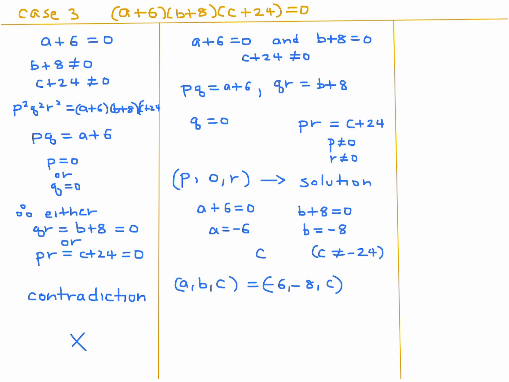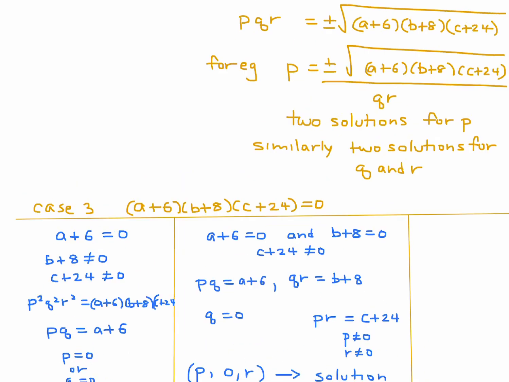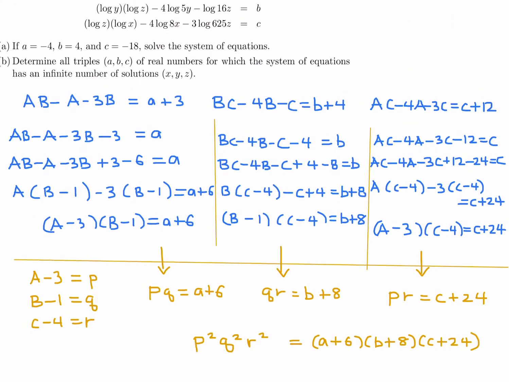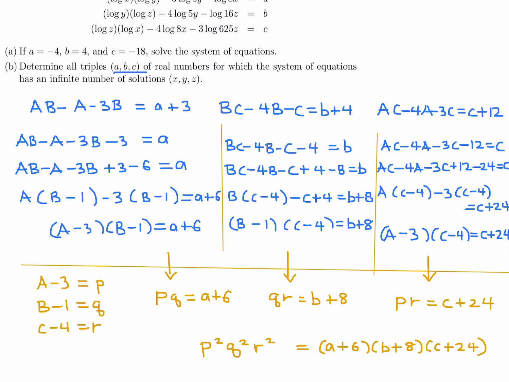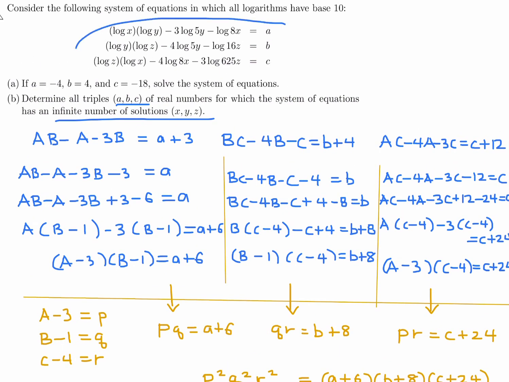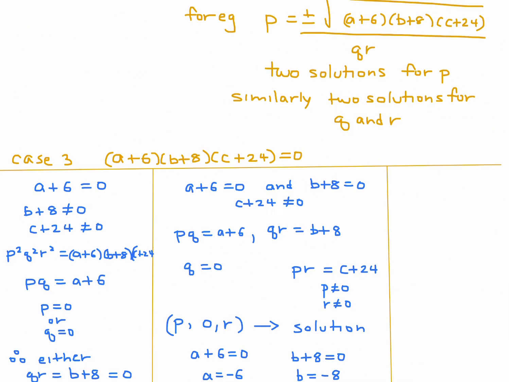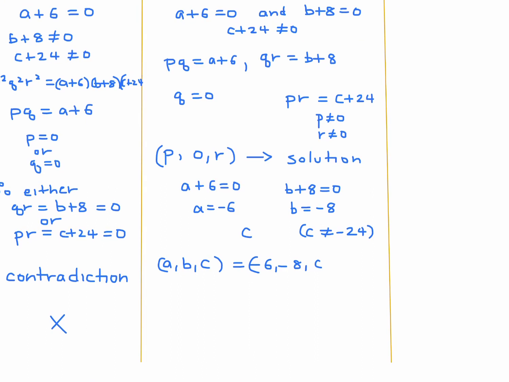And each A, B, and C, if you go way back, will give an infinite number for X, Y, Z when we sub them back into this system of equations. So that is a key thing to remember in this very long question.